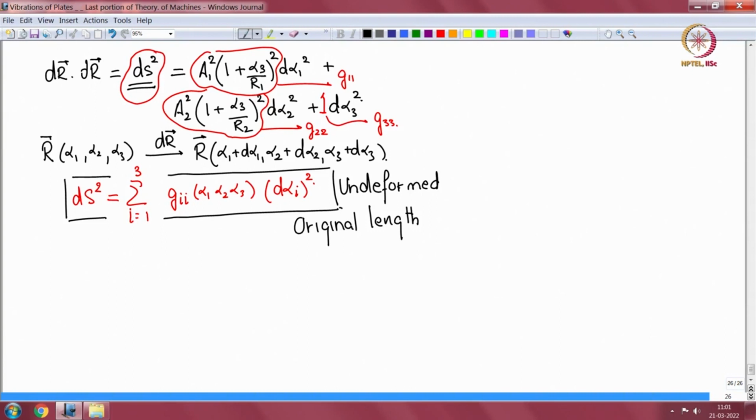Okay. Now, the next step here is we would like to find the deformed length.